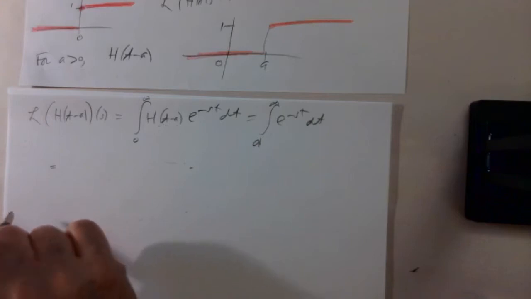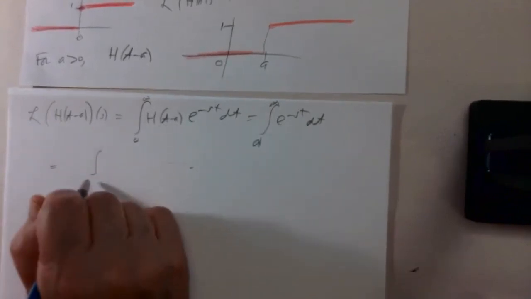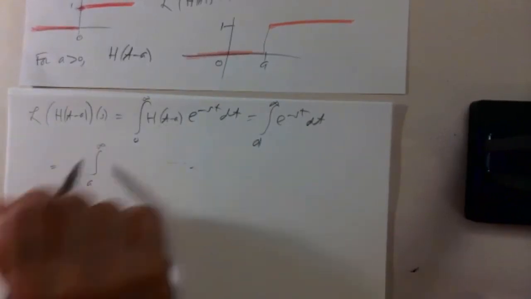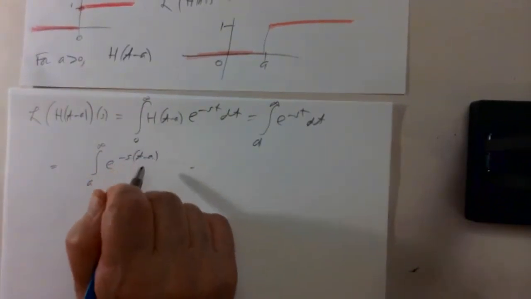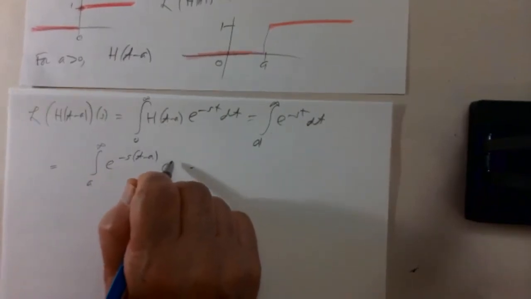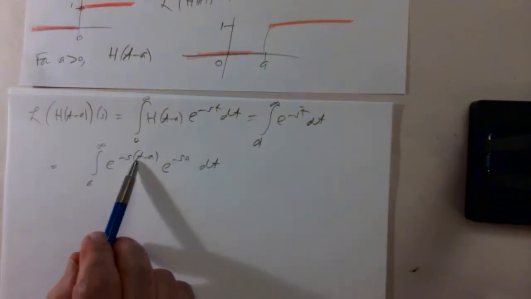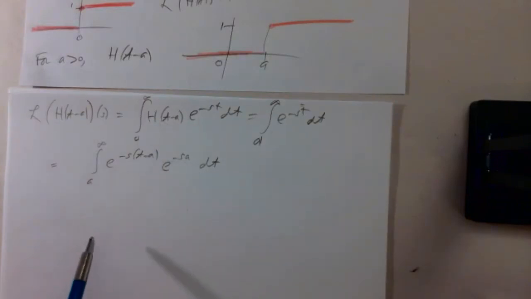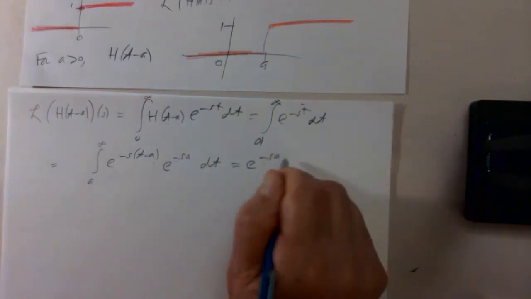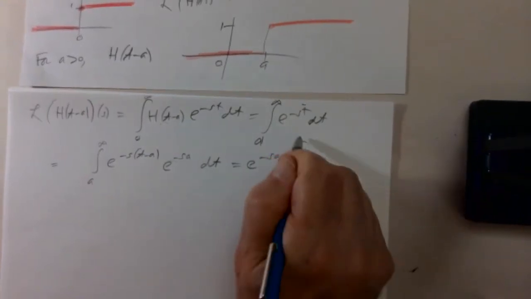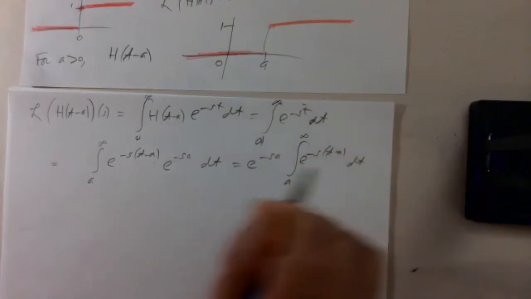Let me try to avoid calculating it by being a little bit clever. This is the integral from a to infinity, e to the minus s times t minus a, times e to the minus sa, dt, right? Because this is minus st plus sa minus sa. I can take e to the minus sa outside, the integral from a to infinity, e to the minus s times t minus a dt.